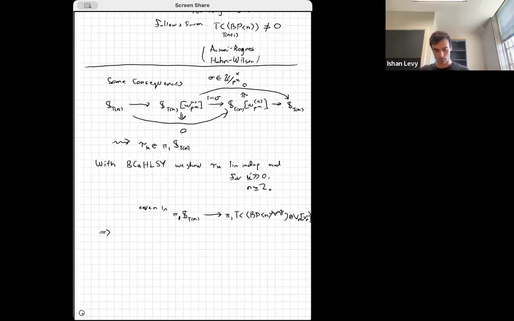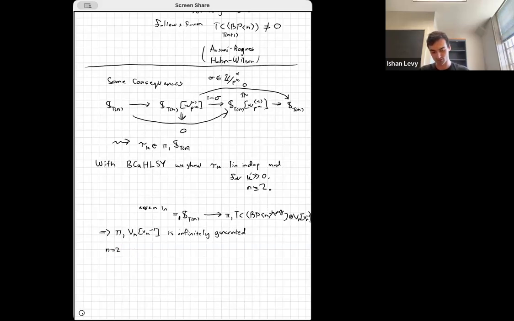And so what you can learn from this, a consequence of this, is that pi1 of this telescope for n at least 2 is infinitely generated. And so if you think about what that's saying, that pi1 of this type n complex, the ranks of that grow larger and larger as the degree gets larger and as you multiply by Vn. And so for n equals 2, you can actually be more precise.